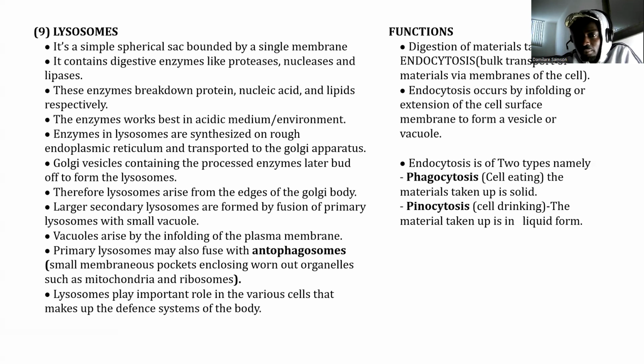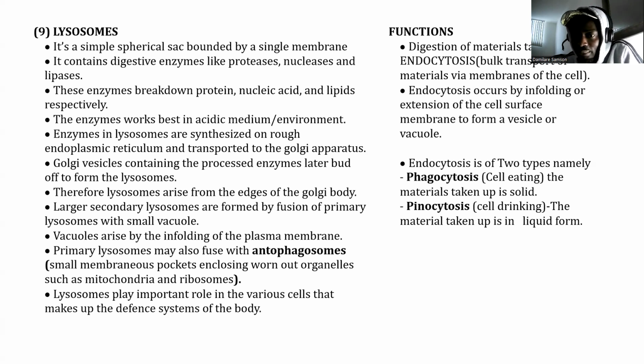Functions: digestion of material taken in by endocytosis, and bulk transport of materials through membranes of the cell. Sending out, in the form of a small vesicle or vacuole, materials that are dead in the cell, and putting them out from your body.